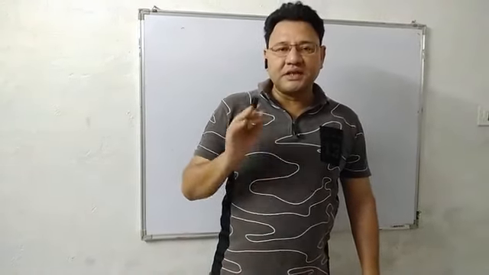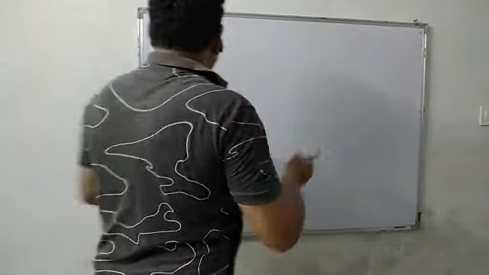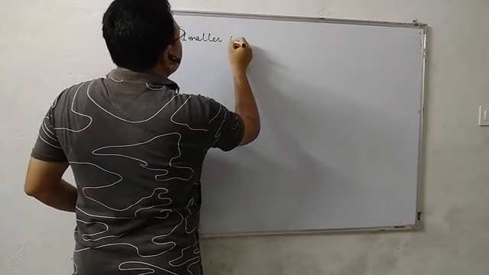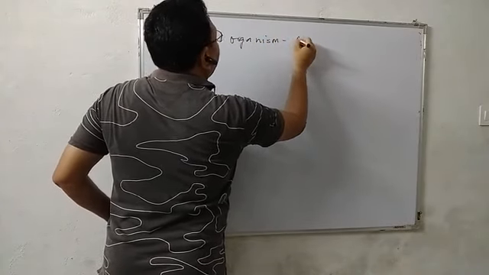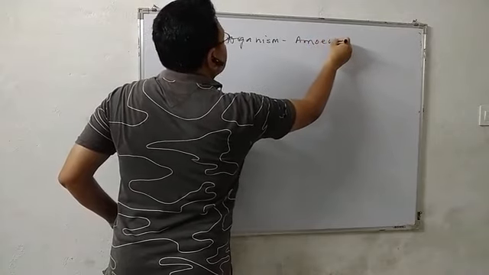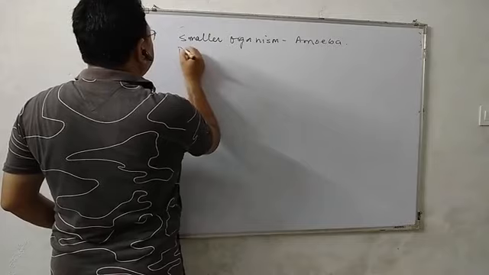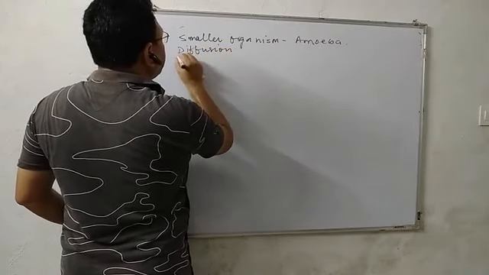Today we are going to discuss your first chapter, transport of minerals and food in plants. In a smaller type of organism, like amoeba, this transport takes place by the simple process of diffusion.